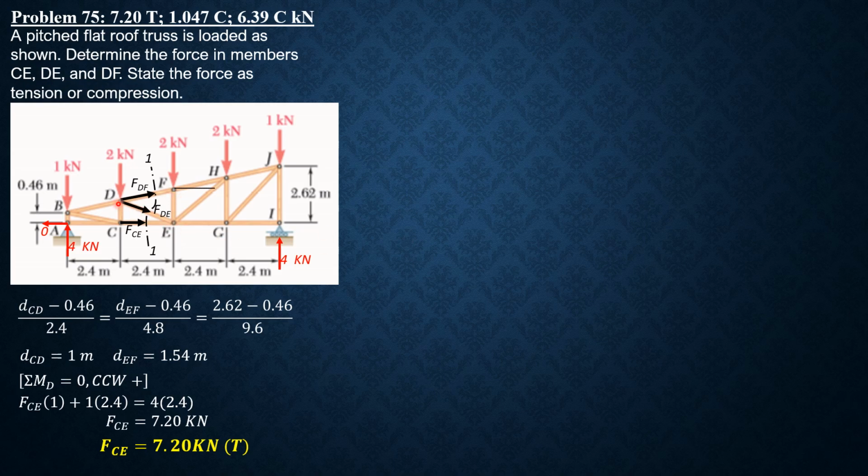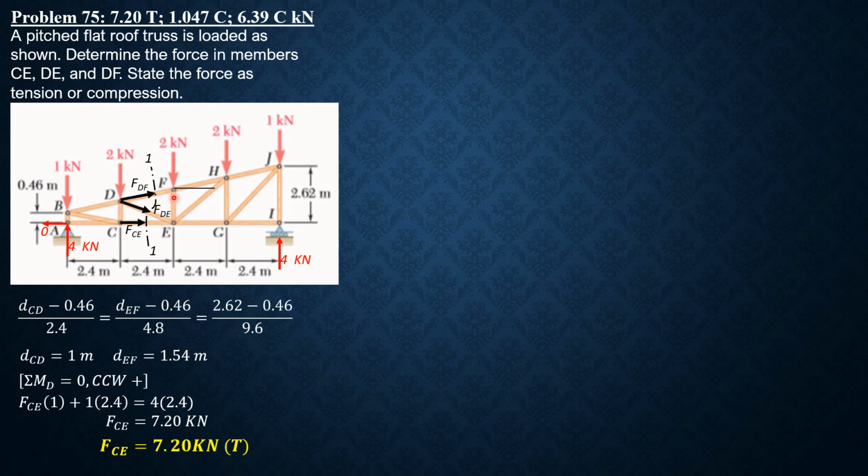So to make the moment equation simpler, I use principle of transmissibility of a force. I move FDF at F. We can do that. So that only the horizontal component of FDF will have moment about E. The vertical component passes through E, so it's not involved. Now, the angle that FDF makes with the horizontal is arctan of 0.54 because this is 1 meter and this is 1.54.